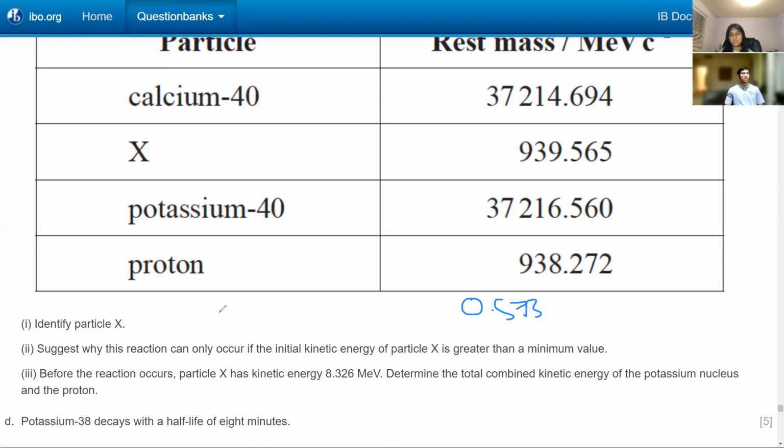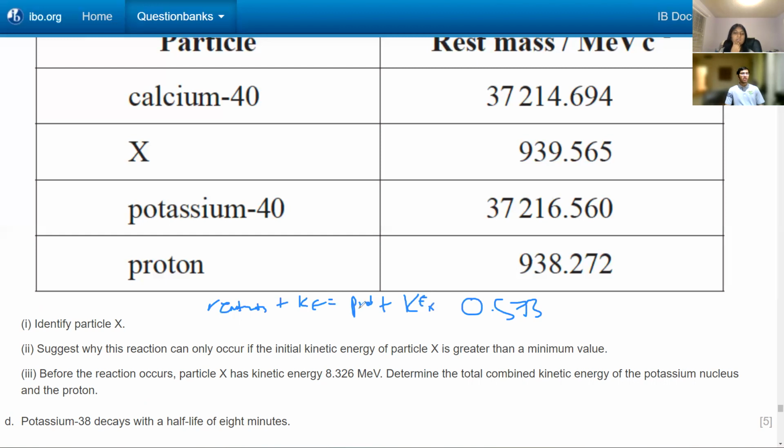Okay, so what's the equation mathematically? Just do reactants plus the extra kinetic energy is equal to products plus the kinetic energy of X.